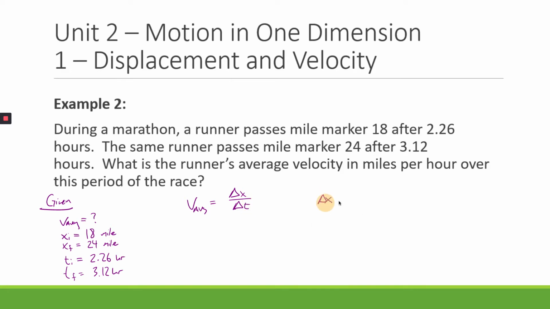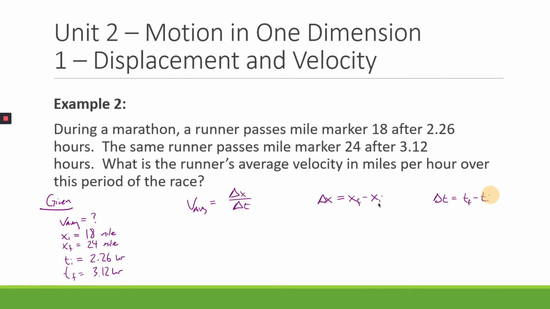So delta X. Anytime you have a delta anything, it's going to be final minus initial. So final position minus initial position will give us delta X. Delta T means T final minus T initial.